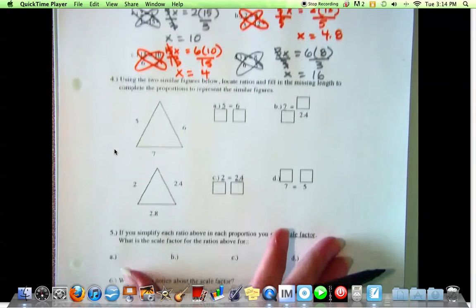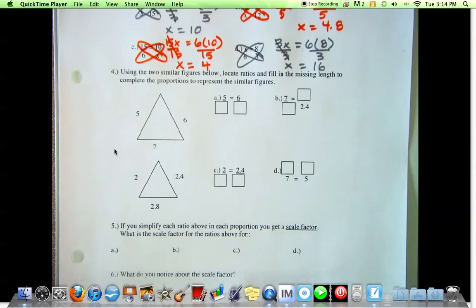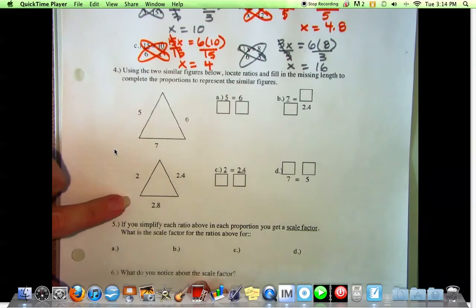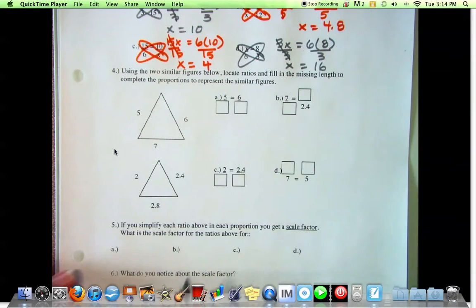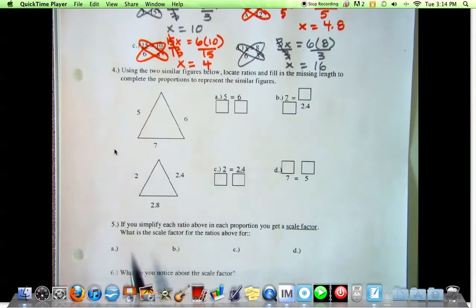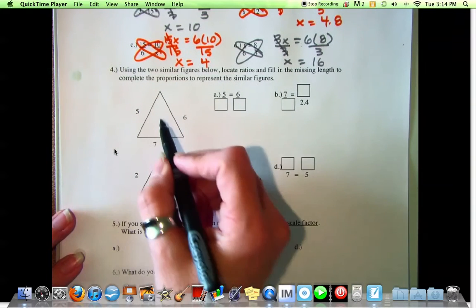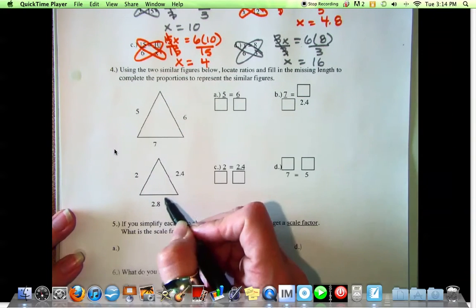Number 4, using two similar figures below, locate ratios and fill in missing links to complete the proportions to represent the similar figures. So this is the image that we're starting with. This is the second image. So typically we look at it from left to right. In this case, it's showing you this is the first one, this is the second one.